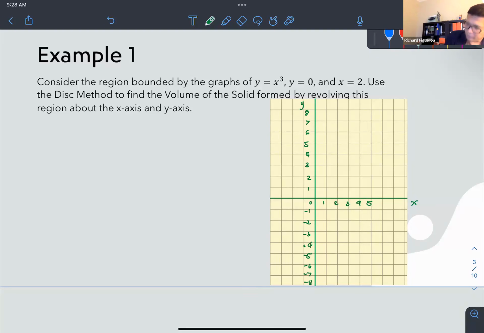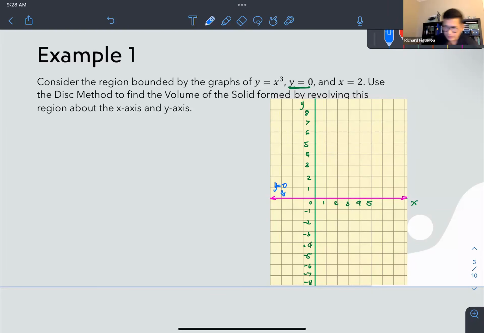So we're going to graph. I'll start with y is equal to 0. So y is equal to 0 is the same as the x-axis. Ibig sabihin, the y values are all the same, 0. Whatever is the value of x, y is always 0. So y is always 0 is the x-axis. So this is y is equal to 0.